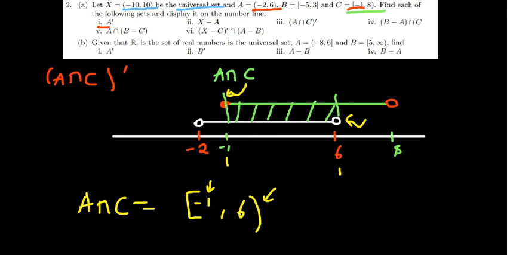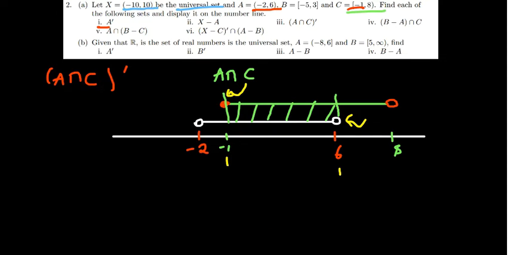So now that we found our A intersection C, we are now capable of finding its complement. Obviously, I can show it on a second number line. So I can come up with another number line. And then -1 up to 6.